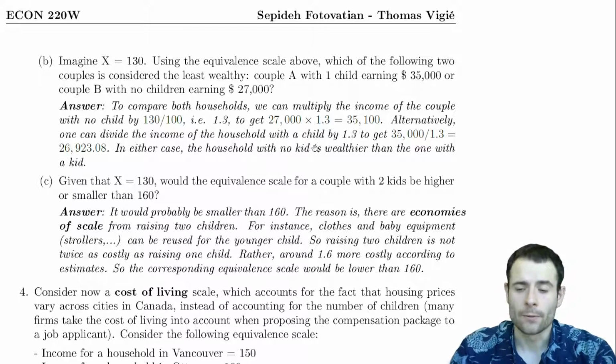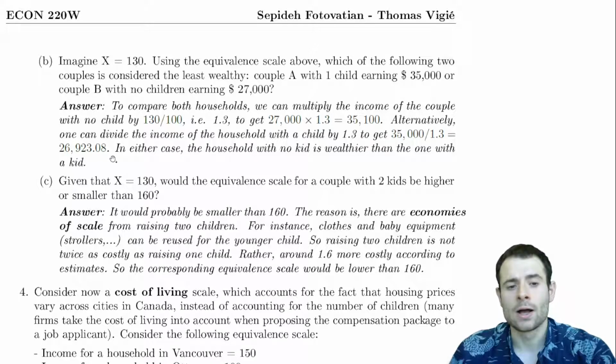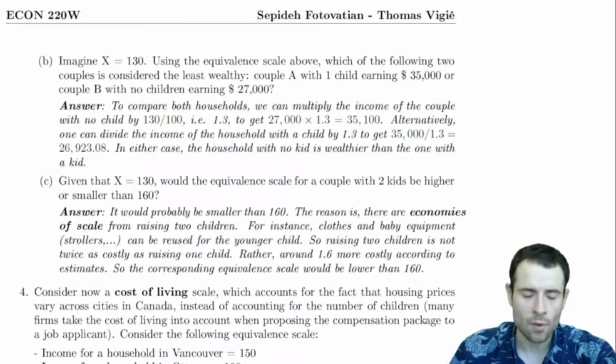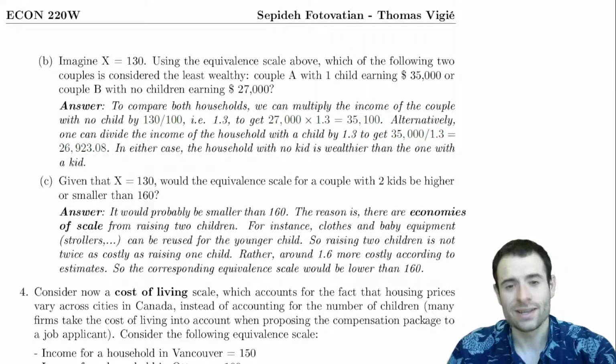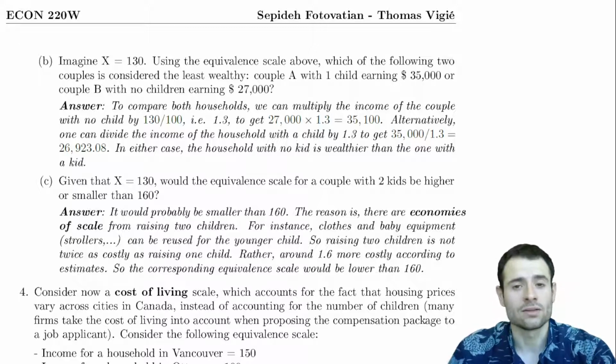You can compare $26,923.08, which is the amount of money that is equivalent, for a couple with no child, to $35,000 earned by a couple with one child.